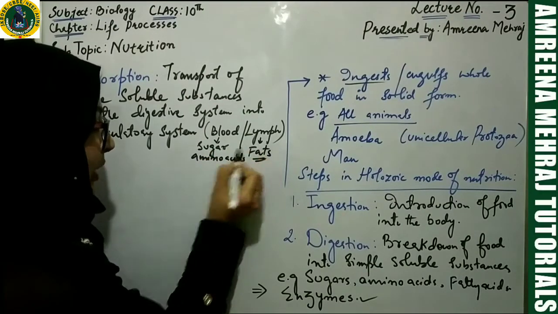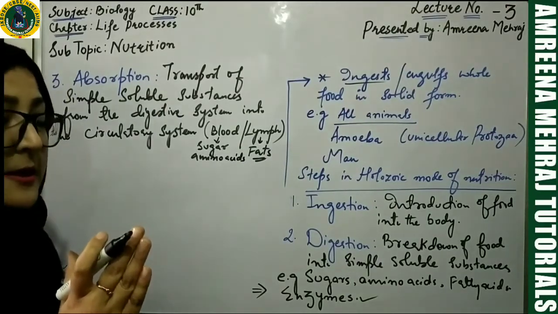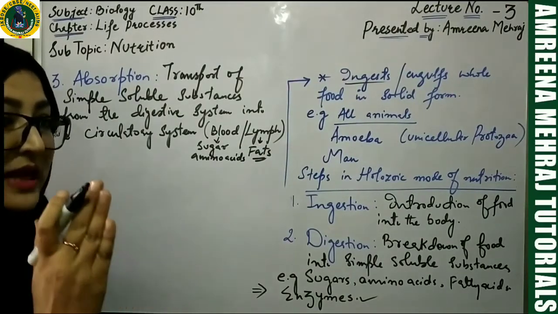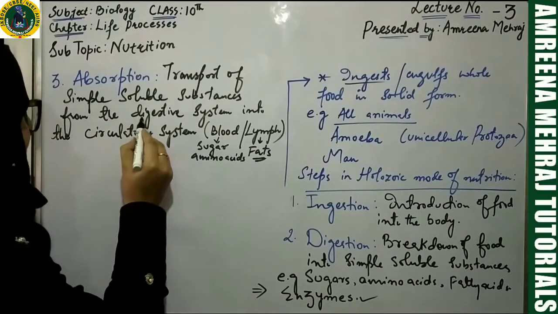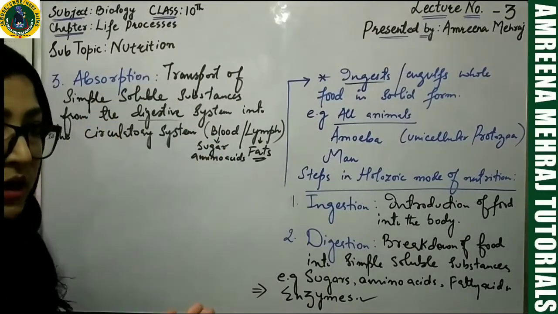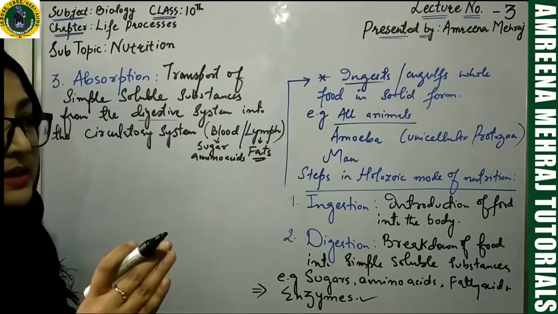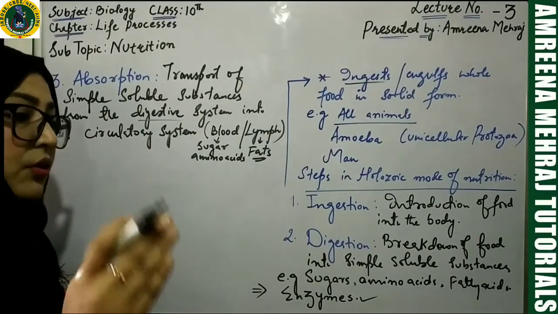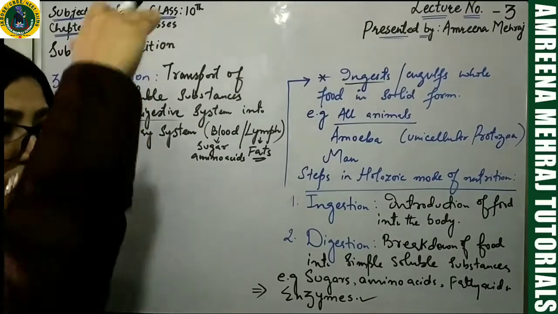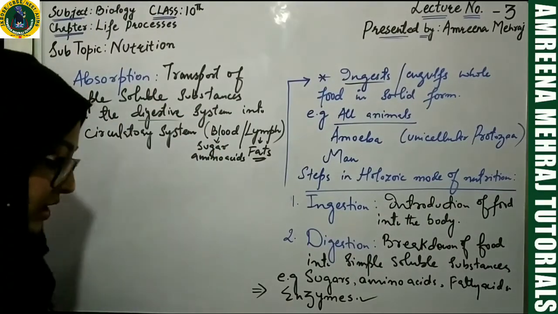So remember this point: lymph has the job of transporting the digested fats from the digestive system to all parts of the body, whereas the blood carries sugars, amino acids and other substances from the digestive system to the rest of the body.